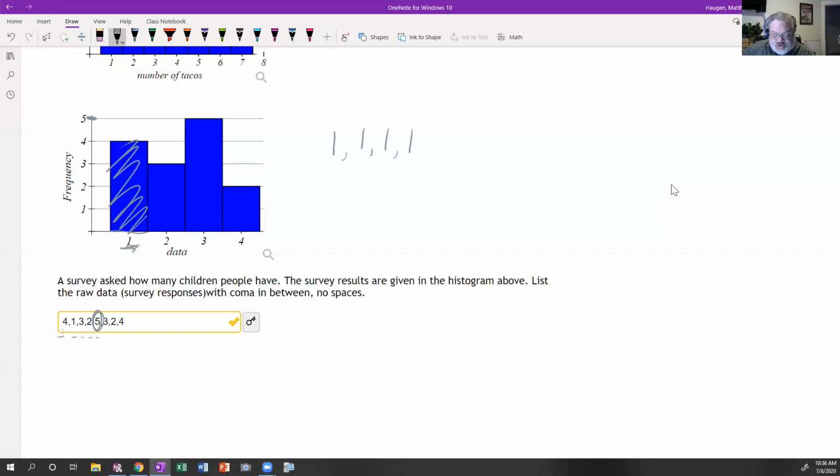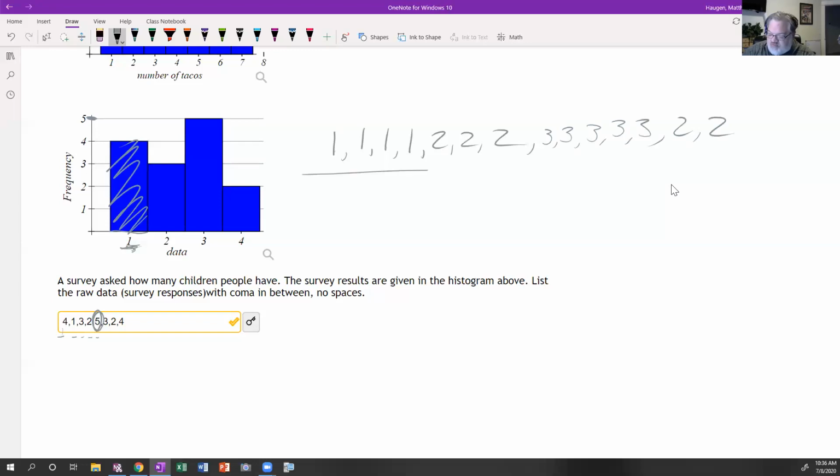How many people had 2 children? 3. Right. How many people had 3 children? 5. So how many 3s would I have? 5 3s. Exactly. And how many had 4 children? 2.